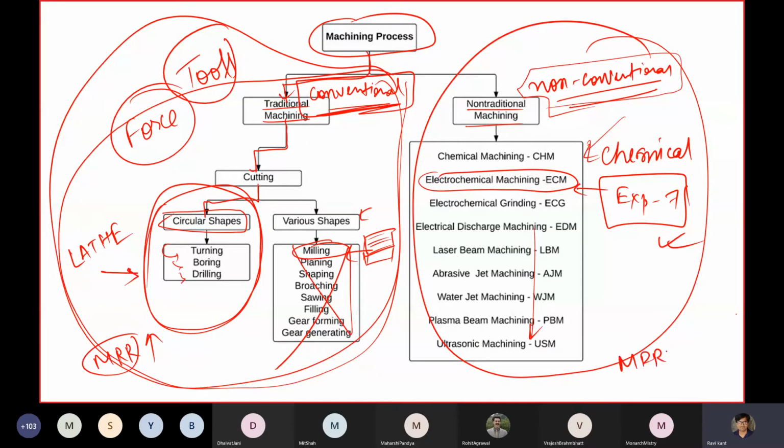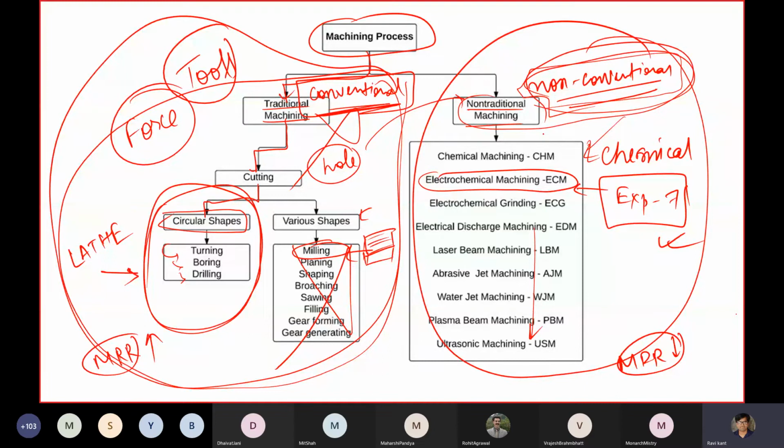But the advantage of non-conventional machining is, if you want to tap a hole at some hidden place that you cannot access, you may not achieve it through conventional machining. For that you have to take help of non-conventional machining.